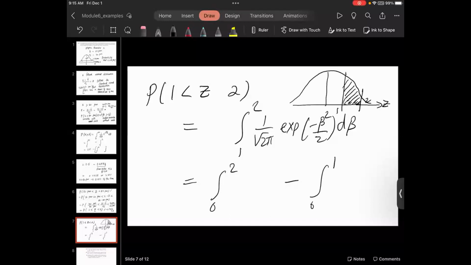Can you look up this from the table and tell me? So that one is 0.4772 minus 0.3413, correct? If you look up for 1.00, that is 0.3413.